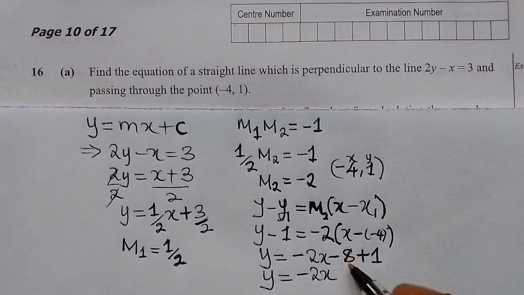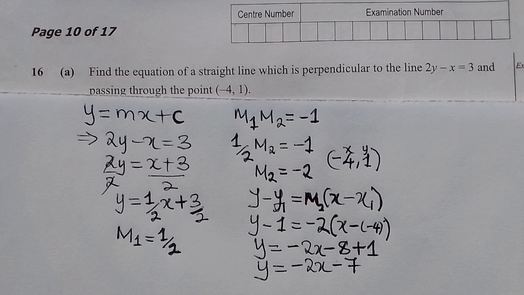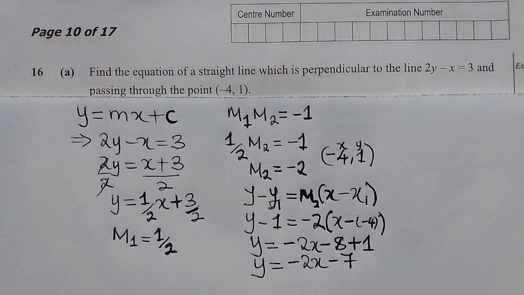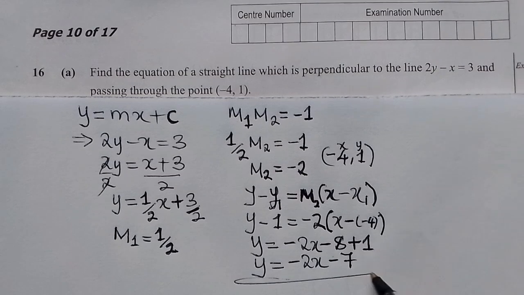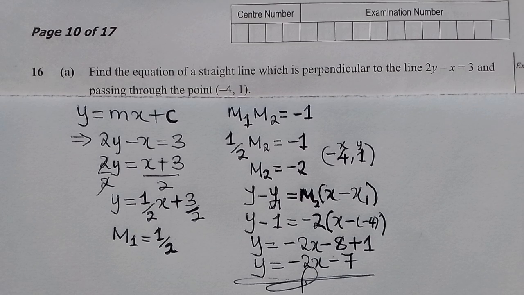So you keep the sign of the larger number, which is negative, and then subtract, which gives y equal to -2x minus 7. So this here is the equation of a line which is perpendicular to the line 2y minus x equal to 3. So that is the equation, y equal to -2x minus 7.